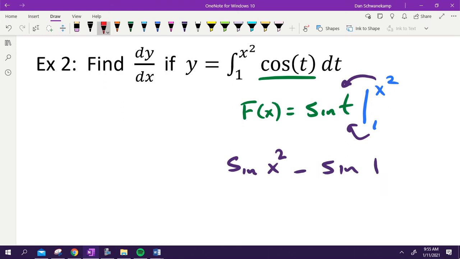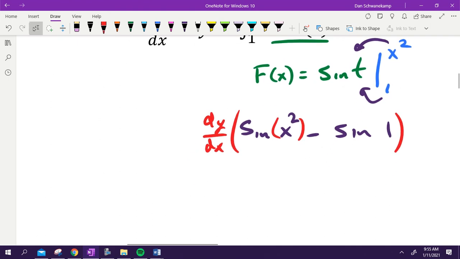Then we need to take the derivative of this guy, dy dx of that thing. What do I need to do to take the derivative of sine x squared? Chain rule. That is a chain rule question. So Slade, what's the derivative of sine going to get me? Cosine.